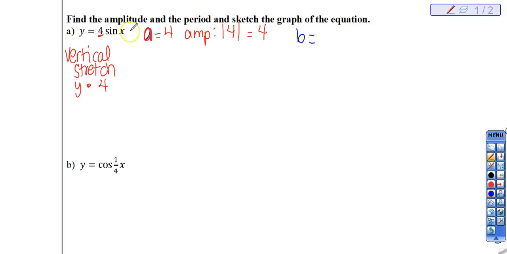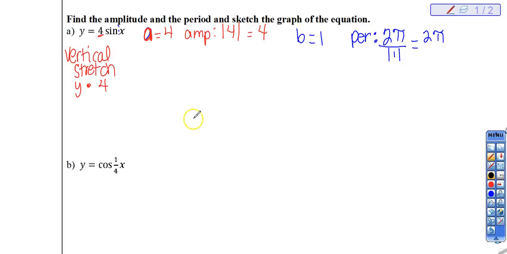So in this equation, what's your b term? Yeah, it's this invisible one right here. So we're going to take that b term, and we're going to take our formula for period, which is 2 pi, divided by the absolute value of b. So our period is still 2 pi. So there's nothing horizontally happening to this graph. It's just a vertical stretch.